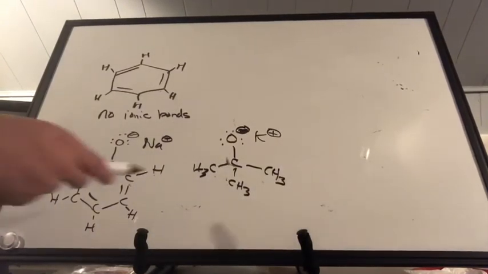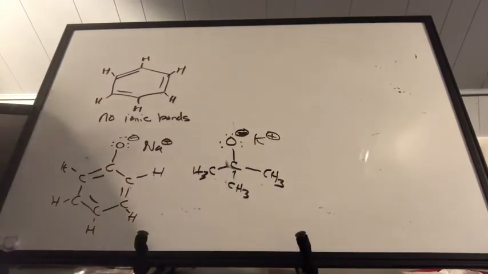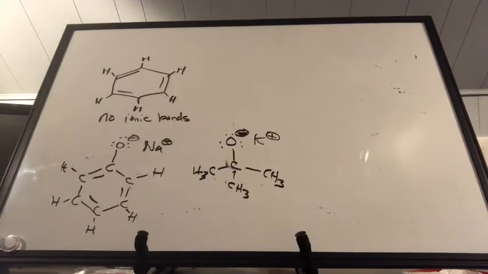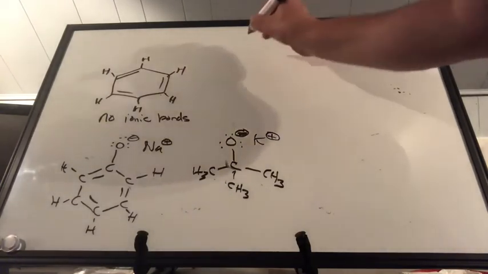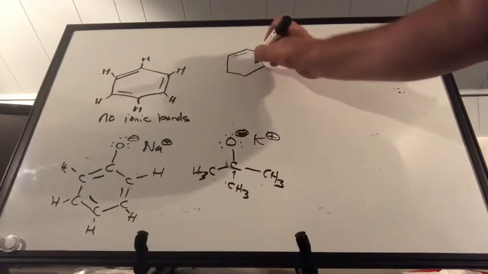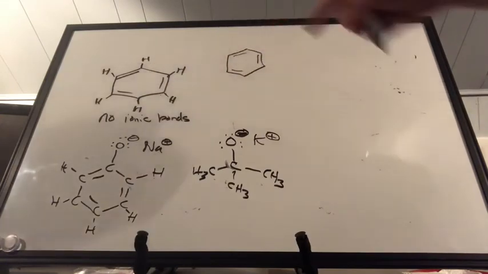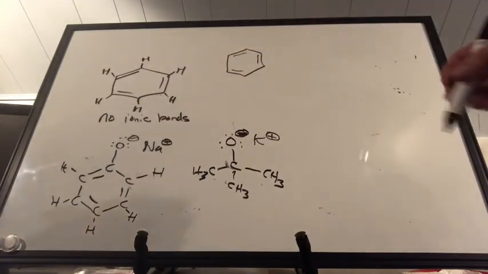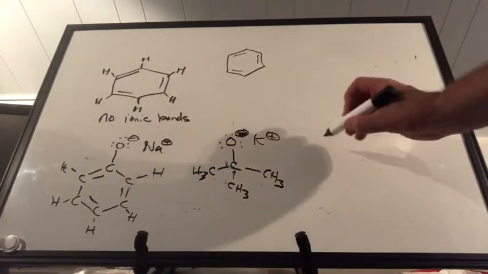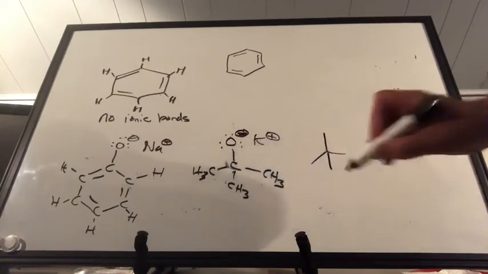Okay, so if I were to draw the line structure counterparts of all these compounds, I will do so. Again, hydrogens are just assumed. So this is really kind of a shorthand way of drawing everything. So this is just going to be benzene right here, as I drew it before adding those hydrogens. Again, every corner or point is going to indicate a carbon. So for this particular instance with t-butoxide, it would look like this.